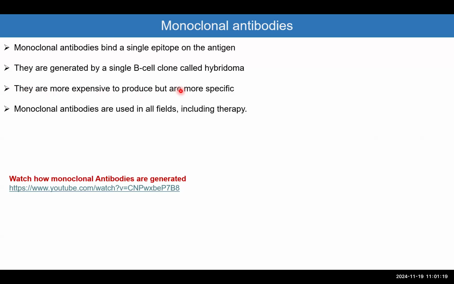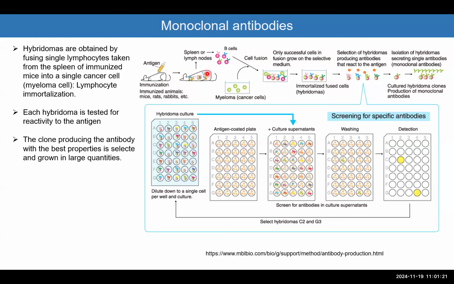Now they are more expensive, obviously, because you can see we have to have not only injecting the mouse, we have to have all the study to identify the antigenic part, the mouse to inject or whatever animal. Then we need to take cells, B cells, to grow. On the other side, we should have cancer cells, the myelomas.